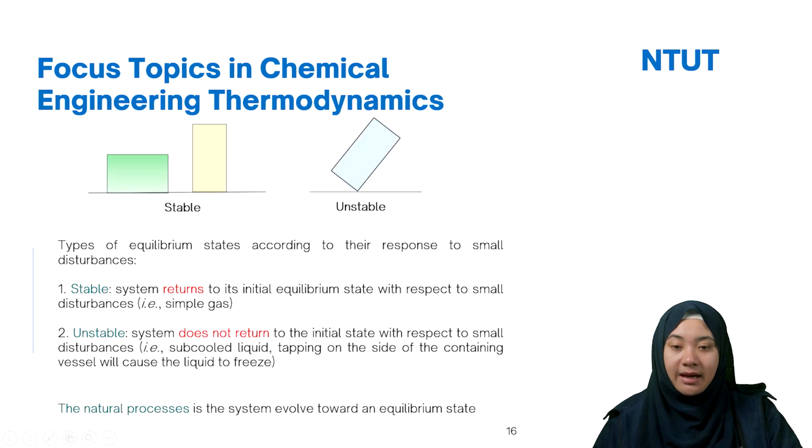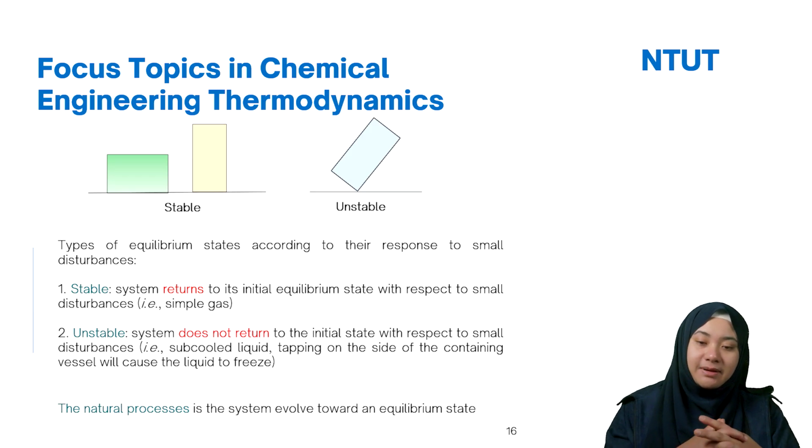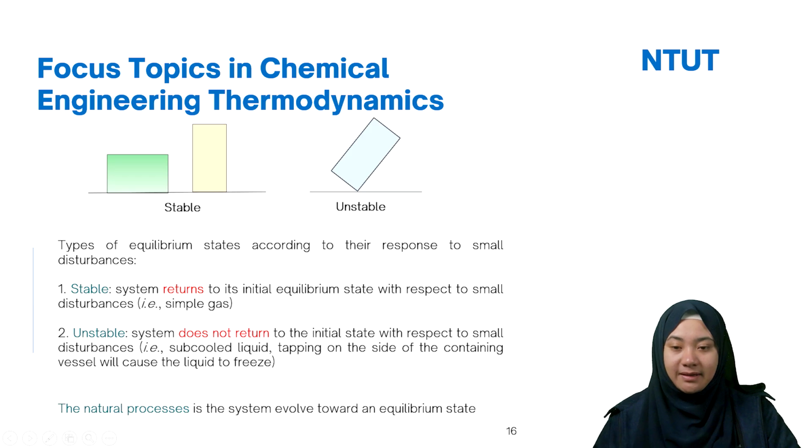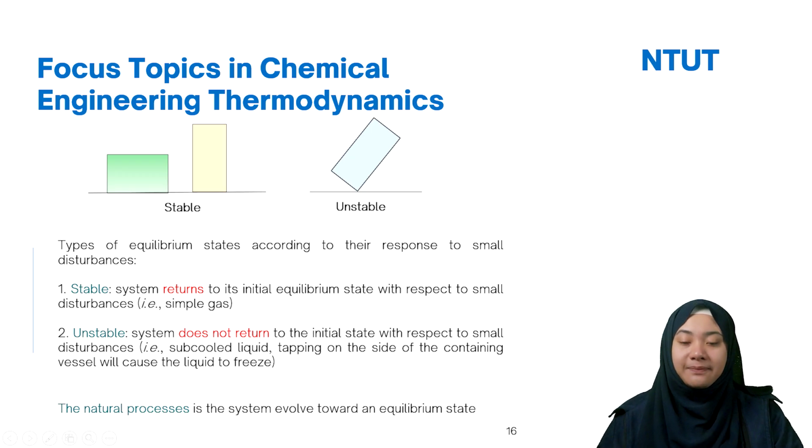Then we also have stable and unstable in thermodynamics. When you discuss stable, it means that when I move the cubic state a little bit, the system will return to its initial equilibrium state. For example, I move this yellow and the green one a little bit, so it becomes unstable, but it quickly comes back to the initial position.